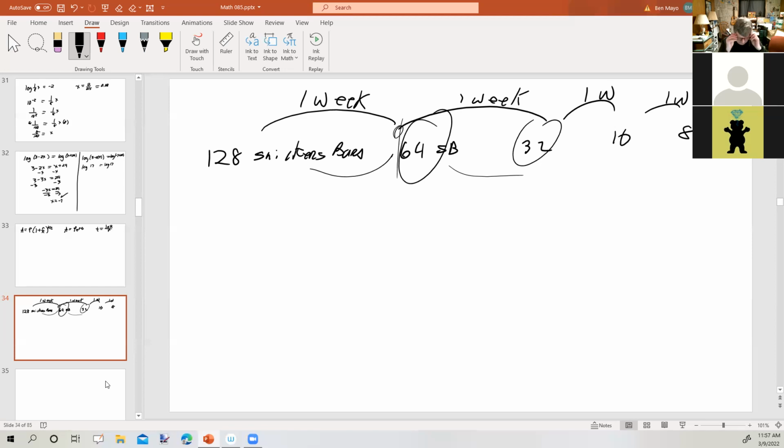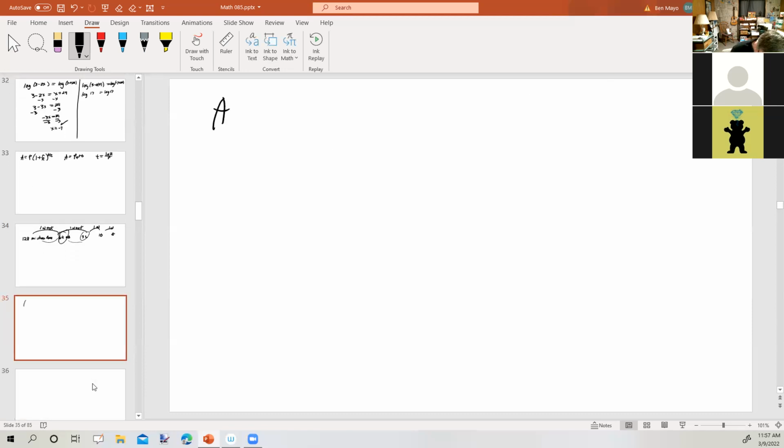Okay, now the formula for half-life is this. A equals A sub 0 times 2 to the negative t over h power. Okay, let me write that a little better. Negative t over h power. A sub 0, or A naught as it is often called, is the beginning amount.